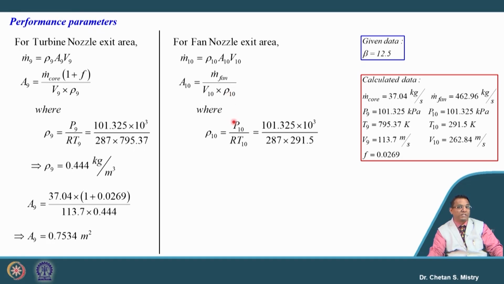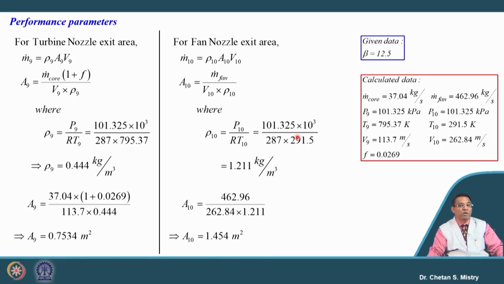This density at the exit we can calculate as P10 by R T10. This pressure is atmospheric pressure. Static temperature also we have calculated, and it gives the density to be 1.21 kg per meter cube. If we write this in the area equation, my area comes as 1.454 meter square.